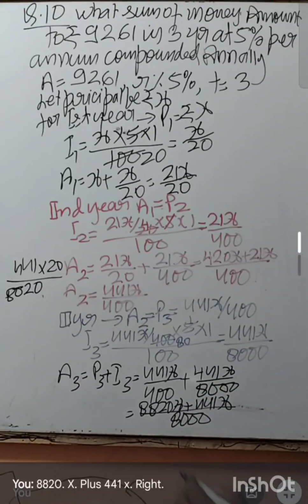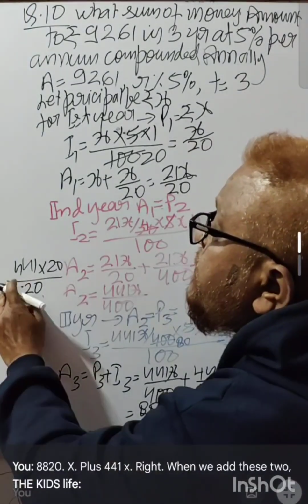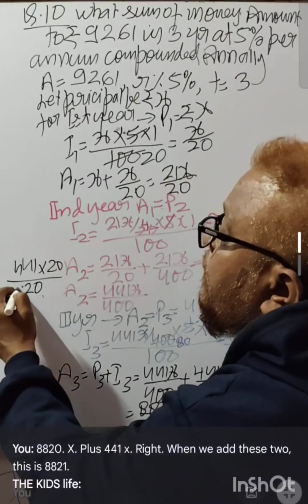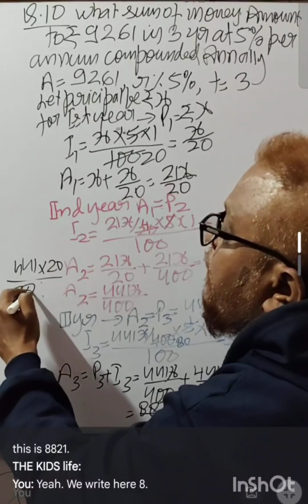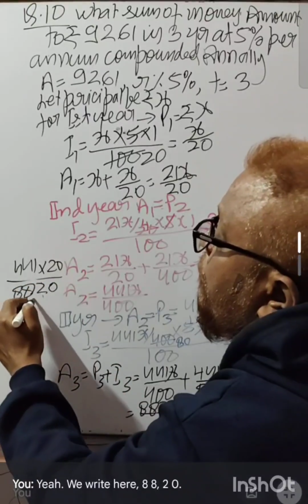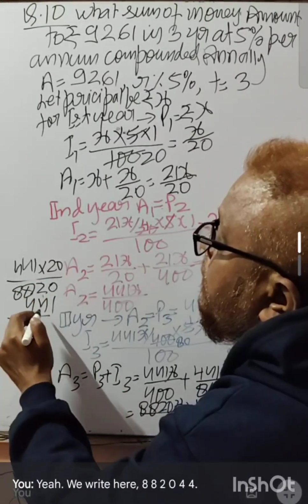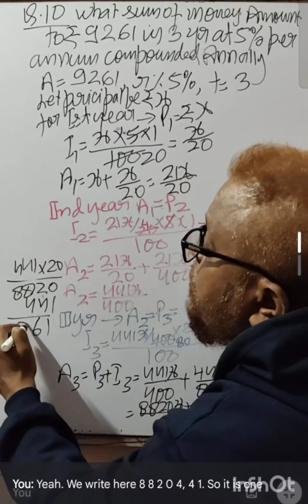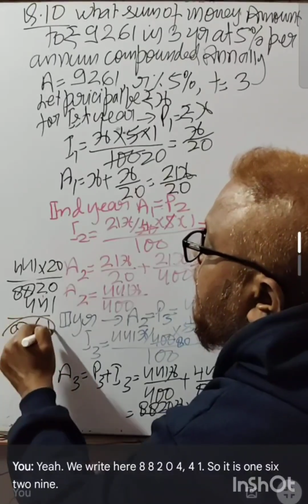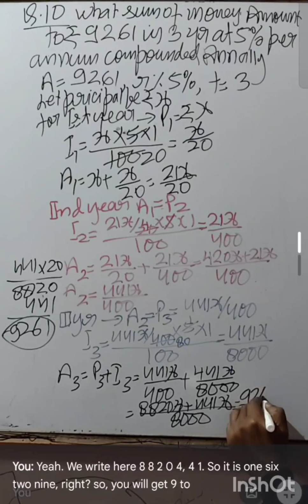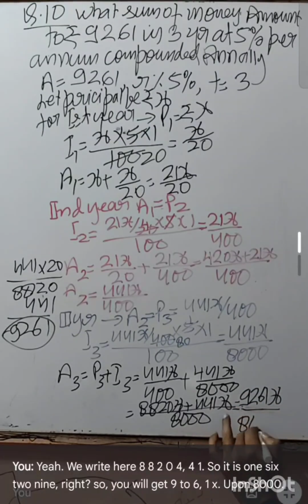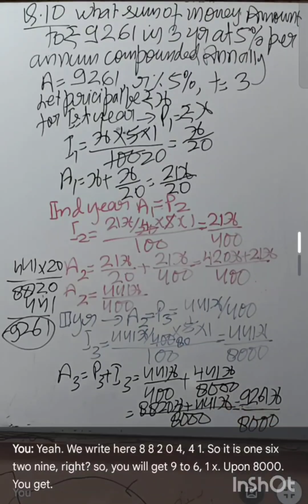When we add these two, we get 9261x upon 8,000. You get it?